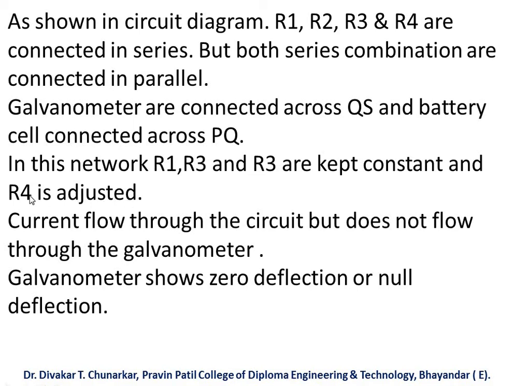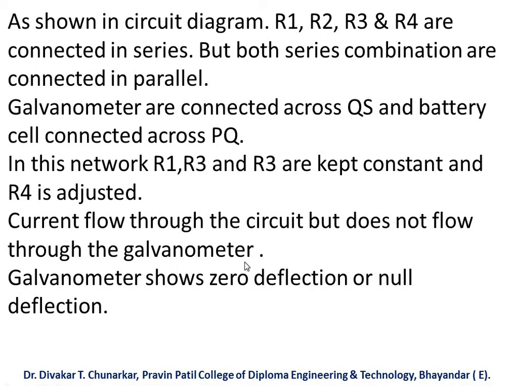We have to adjust R4, that is resistance 4, so that current flows through the circuit but does not flow through the galvanometer.